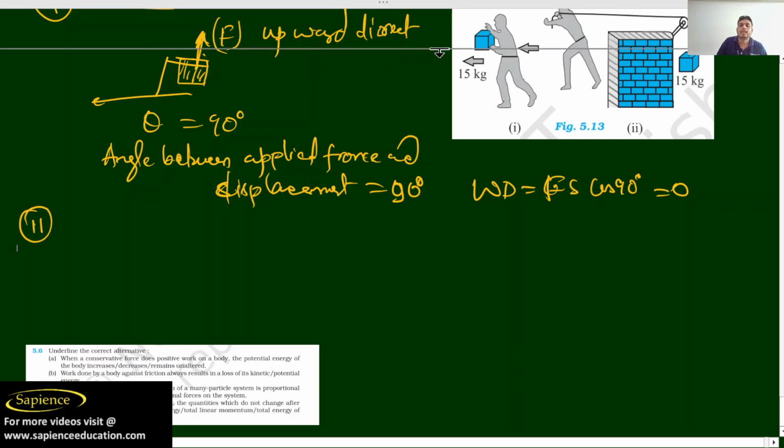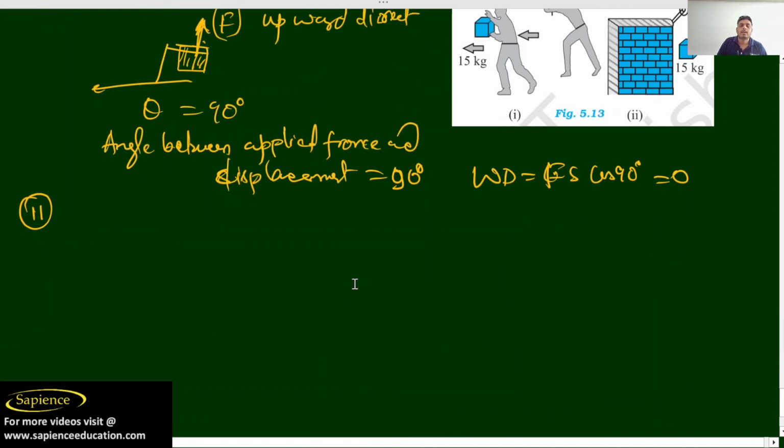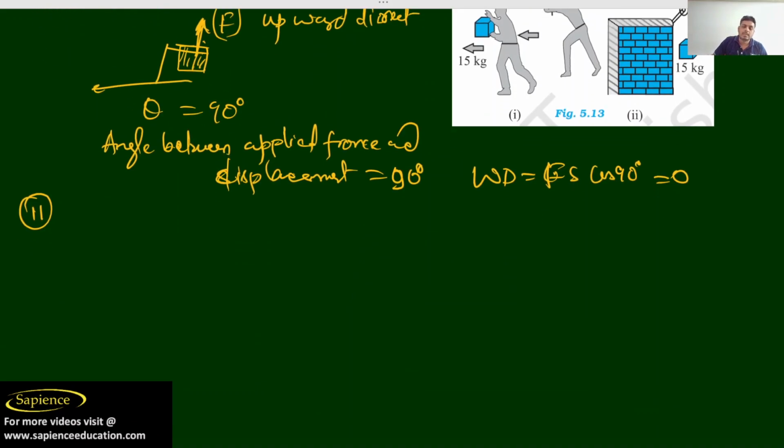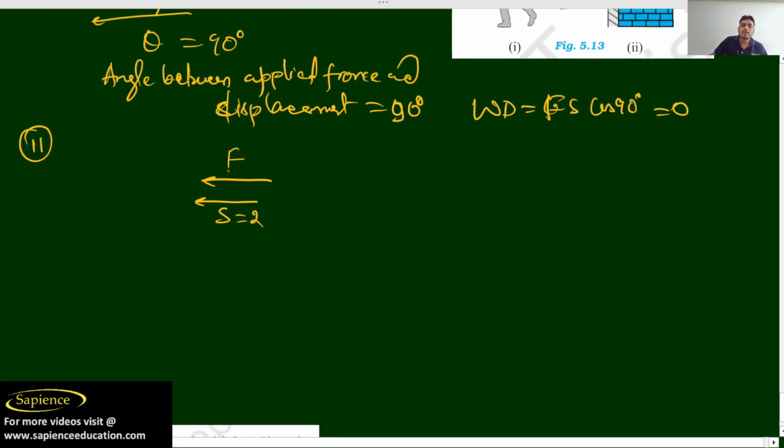How to find work done in case 2? Now let us consider. See here, the man is applying a force in this direction, and at the same time the man is getting displaced by 2 meter. So now what is the force?